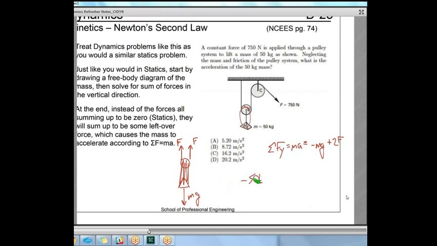So we'll do minus 50 kilograms times g, which is 9.81 meters per second squared, plus 2F, which would be a total of 1,500 newtons. And that gives us a total value, and I'm trying to remember what the value is.